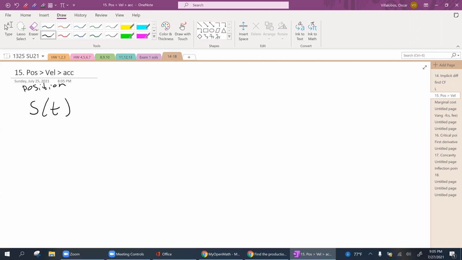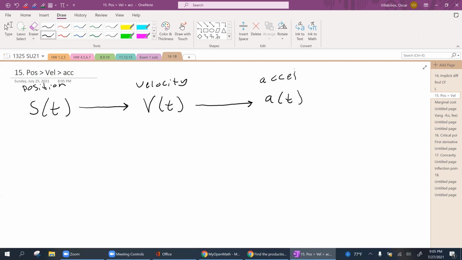If you take the derivative of position, you get velocity. If you derive velocity, it gives you acceleration. So remember that. And also, in case this comes in handy, if you take the absolute value of velocity, you get speed.